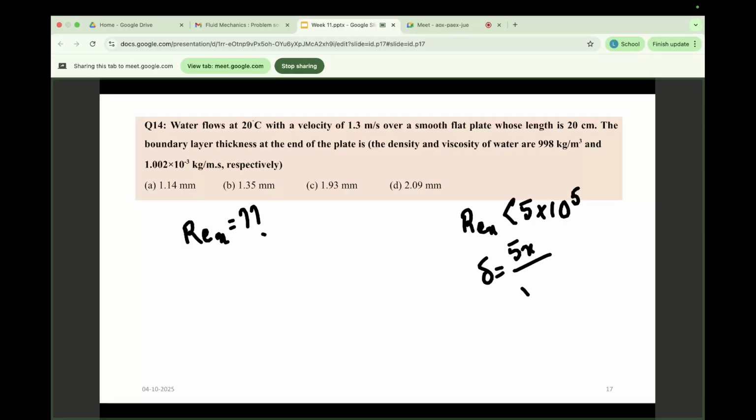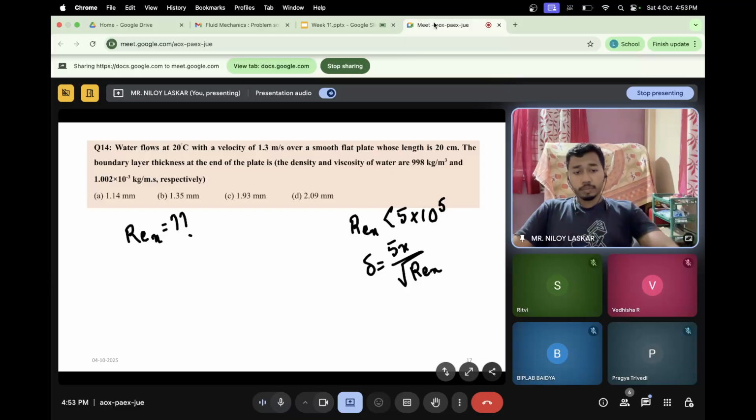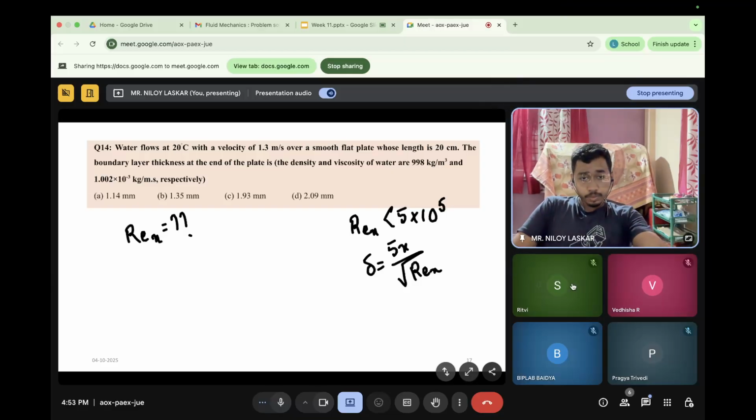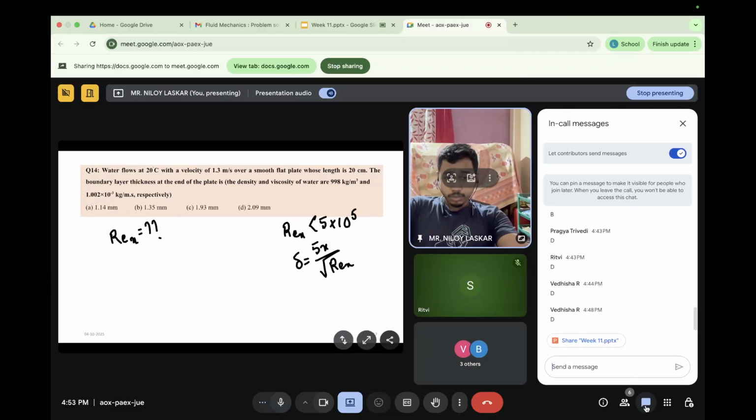Else you need to use the other formula. Check. So I'm giving you 1 minute, 2 minutes to solve this one. So first calculate this Reynolds number.